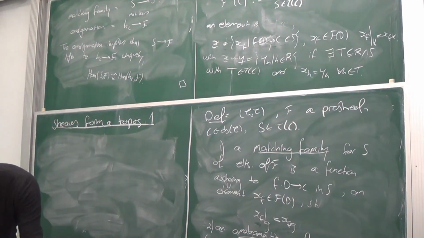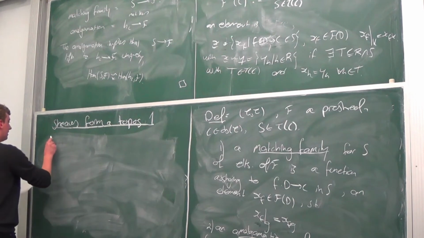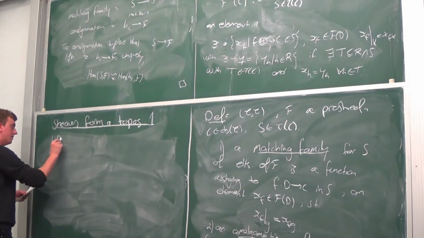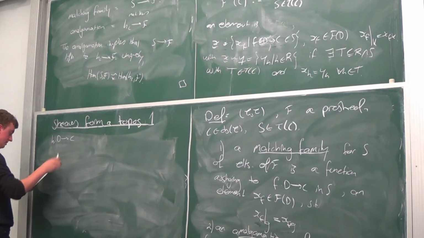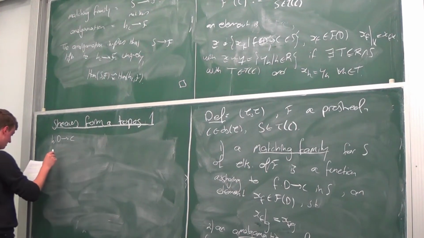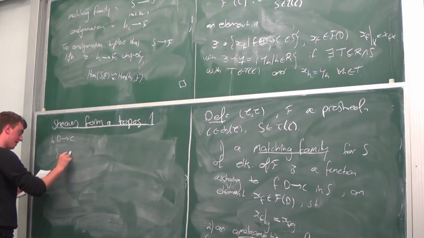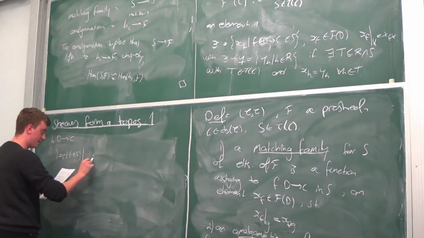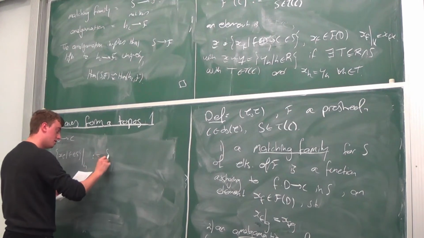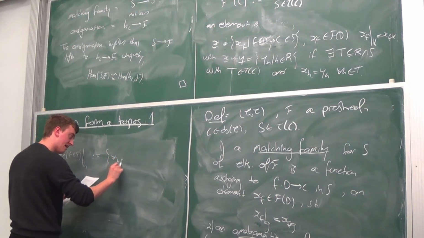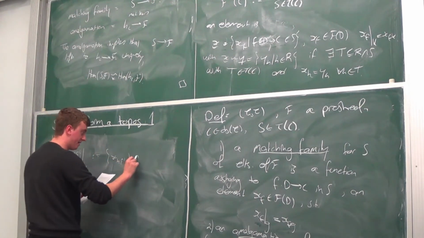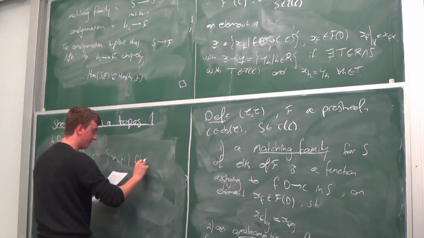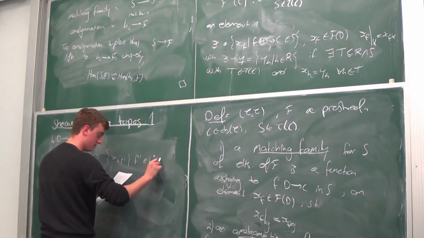If we have some h from D to C, then we define restriction: x_f restricted along h is just going to be x_{h f'}, where now f' is in the pullback of S.